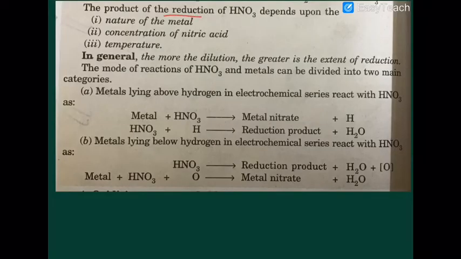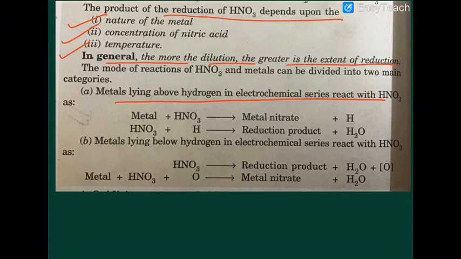Actually, the reduction product of HNO3 depends upon the nature of the metal, the concentration of the nitric acid and the temperature. In general, the more the dilution, the greater the extent of reduction. Remember that. Metals lying above hydrogen will give metal nitrate and hydrogen.